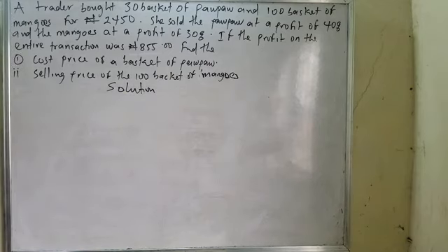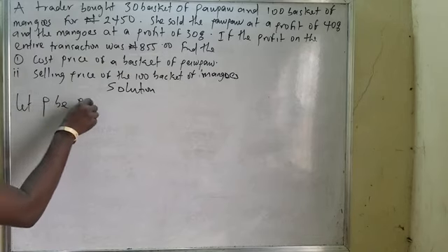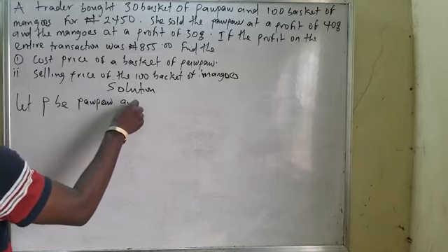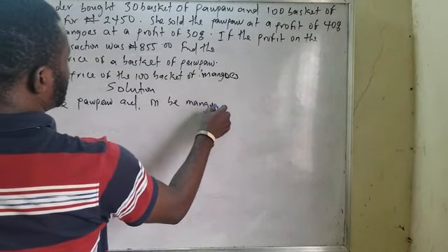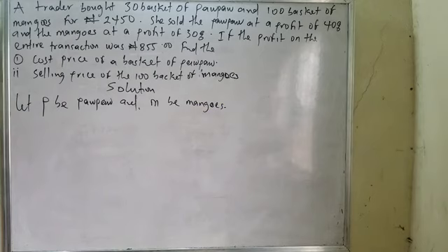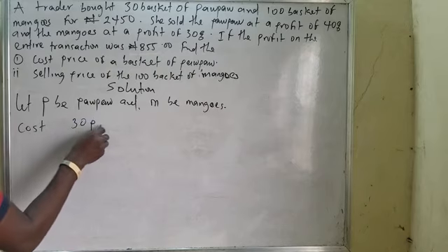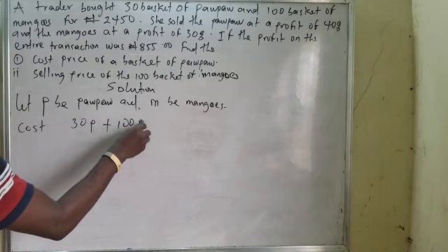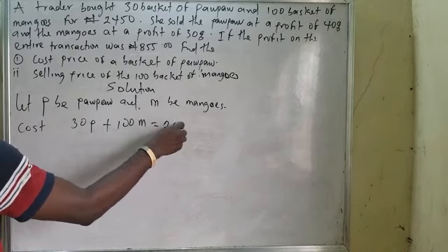The first thing I need to do, let P be pawpaw and M be mangoes. Okay, now for cost, my cost will be equals to 30 pawpaw plus 100 mango, equals to 2,450.